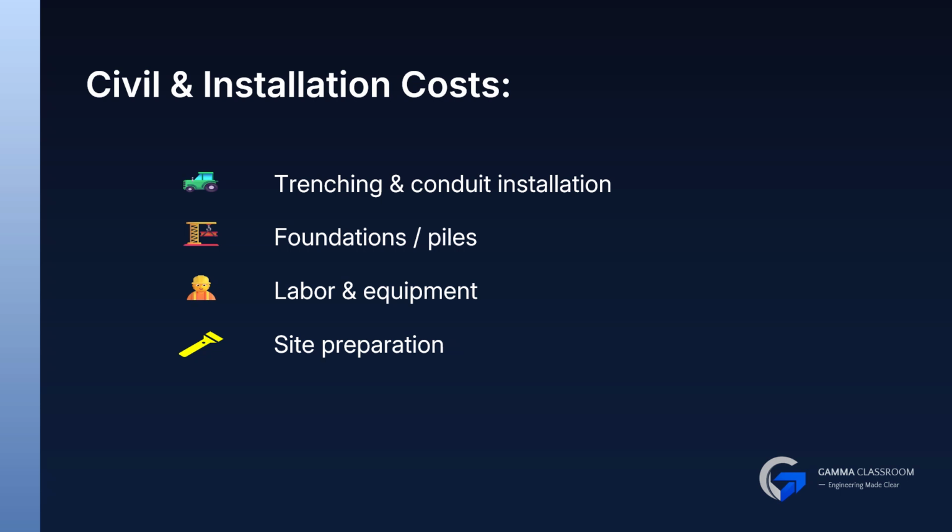Civil and installation costs include trenching, conduit installation, foundations, labor, equipment, and site preparation. These costs vary widely depending on soil conditions and layout.